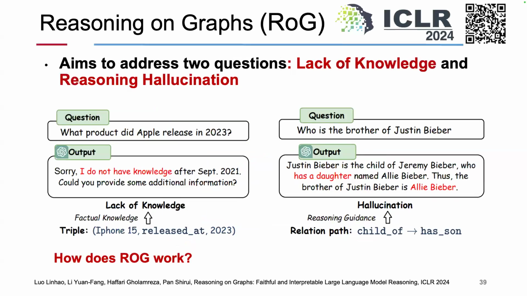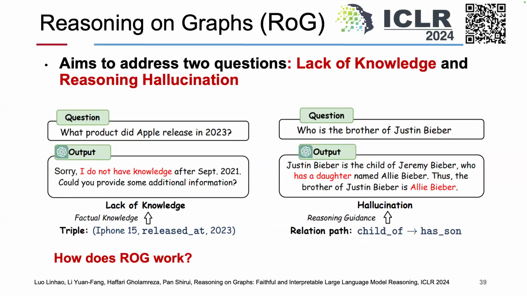To address these challenges, we first want to introduce one of our works called Reasoning on Graph, which has been accepted by ICLR 2024. It tries to address two major limitations of the large language model. The first is the lack of up-to-date knowledge, and the second is reasoning hallucination.